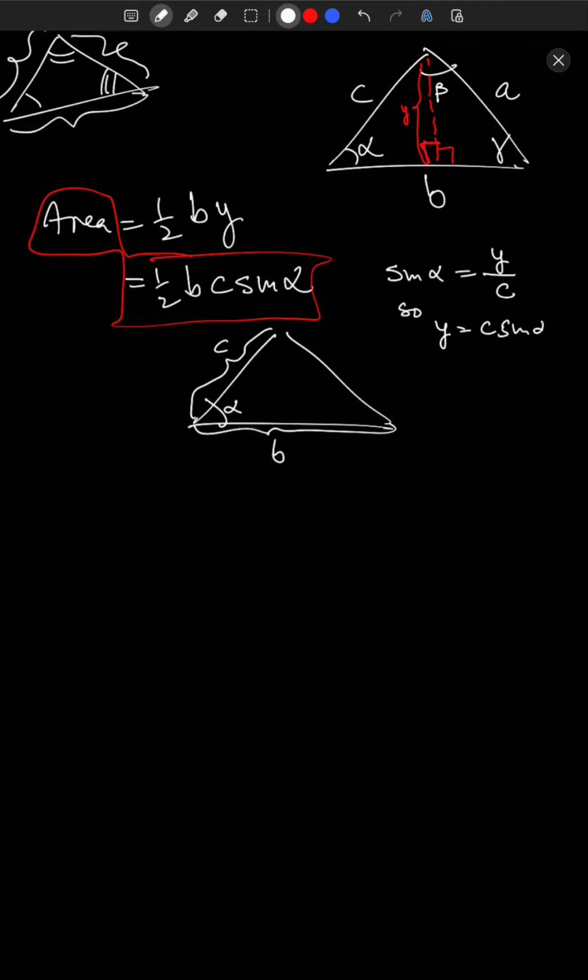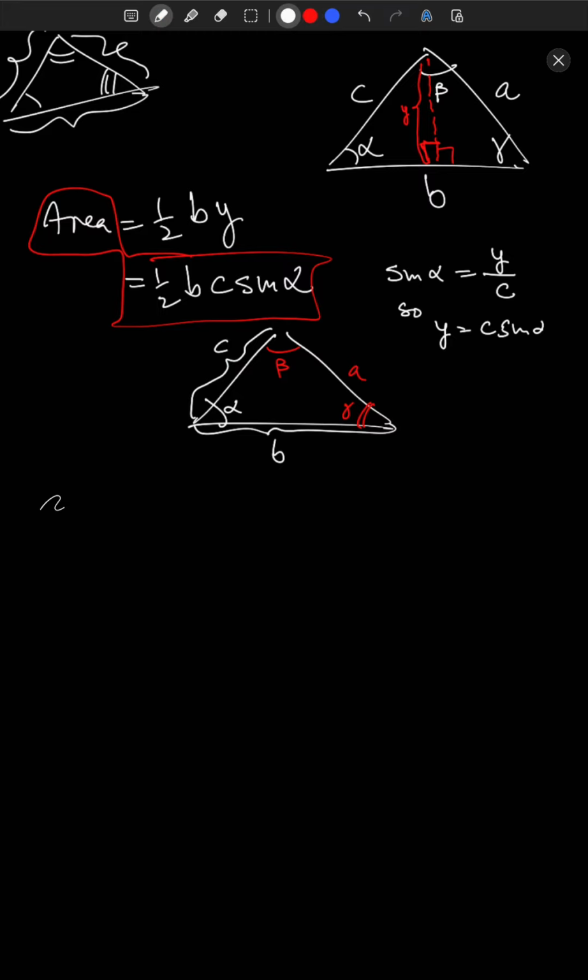I'll leave it to you to do the same thing for the other situations. I've specifically written this one out for c, alpha, and b. So a good exercise for you is to do it for b, gamma, and a. You can have a corresponding formula. You'd have to drop the perpendicular as well, and then also for beta, c, and a.